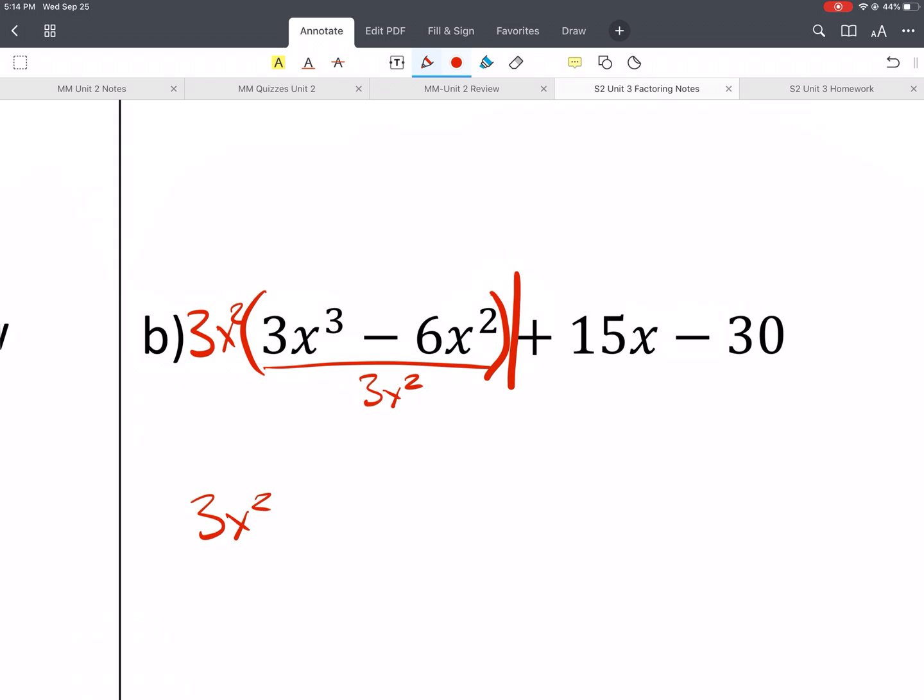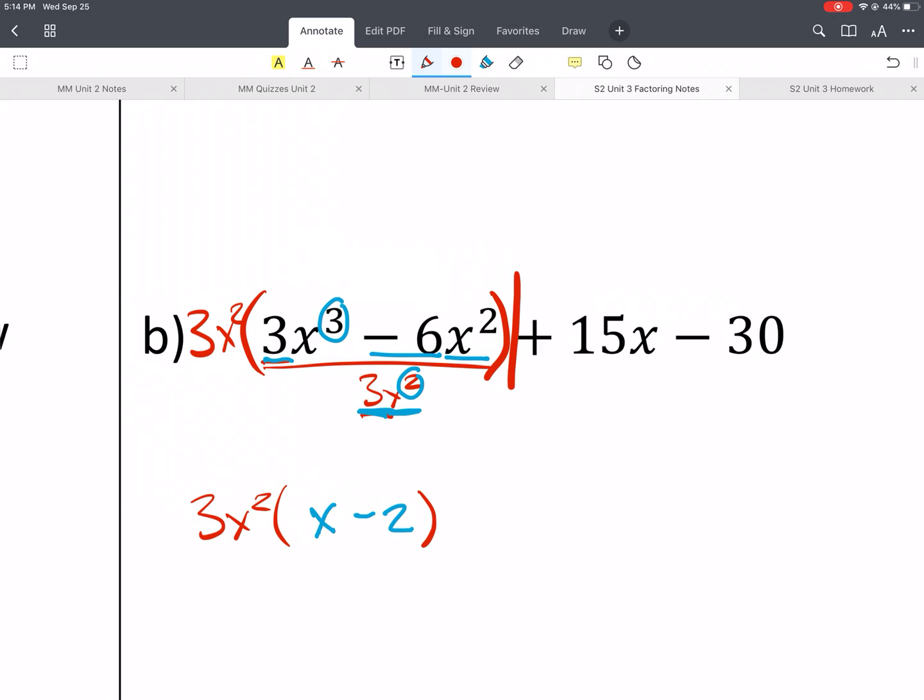So 3x squared, and then our parenthesis we would need to simplify. 3 divided by 3 gives us 1. And here we have 3 minus 2, that leaves us with 1, so we just have x to the 1, which is just x. Then negative 6 divided by 3 gives us a negative 2. And then x squared divided by x squared is just 1.